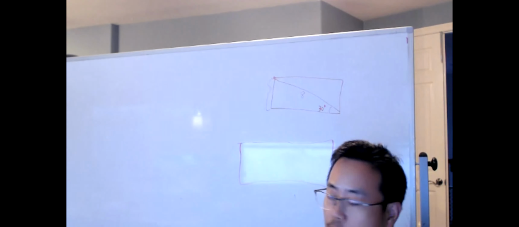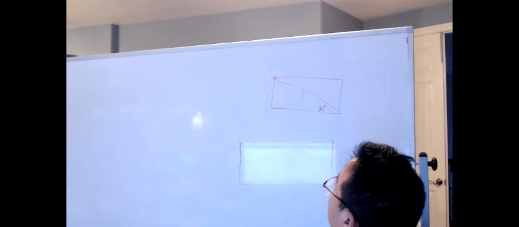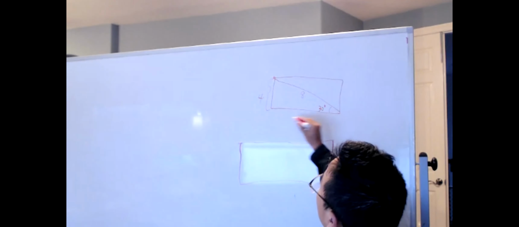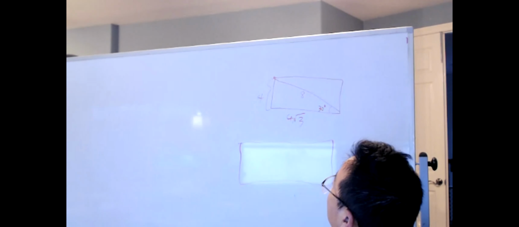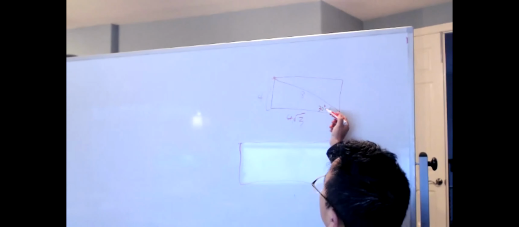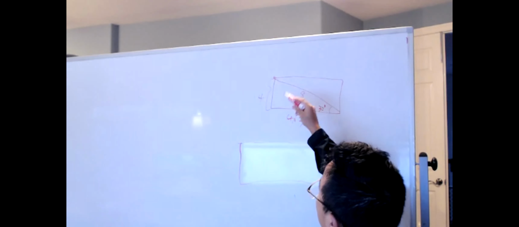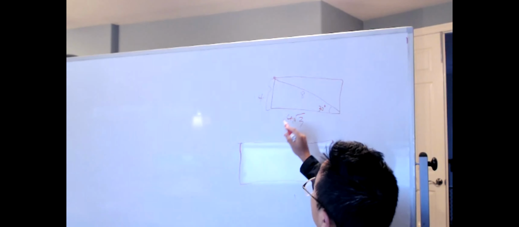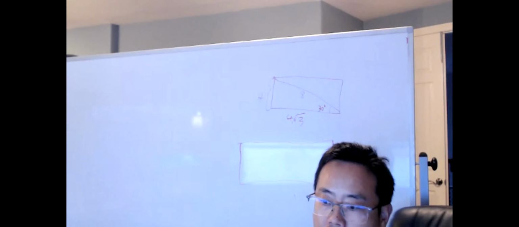You have to know this and use it pretty fluently. So this will be 4, and this one will be 4 square root of 3. The basic rule is 30 degree, 1 to square root of 3, right? That's the basic ratio. Because this is 8, then this is going to be 4 square root of 3, and 8. So that's all you need.